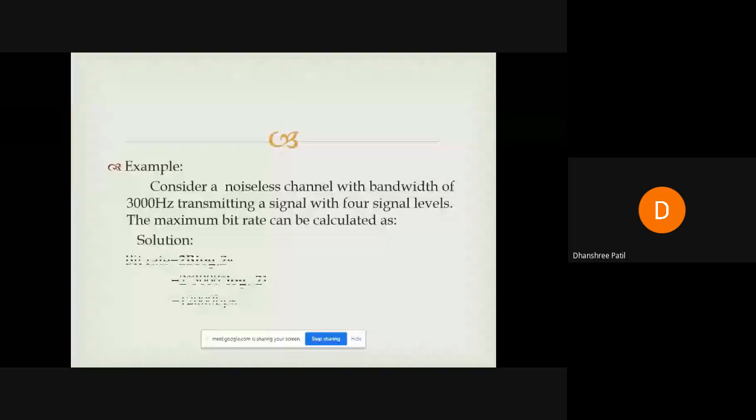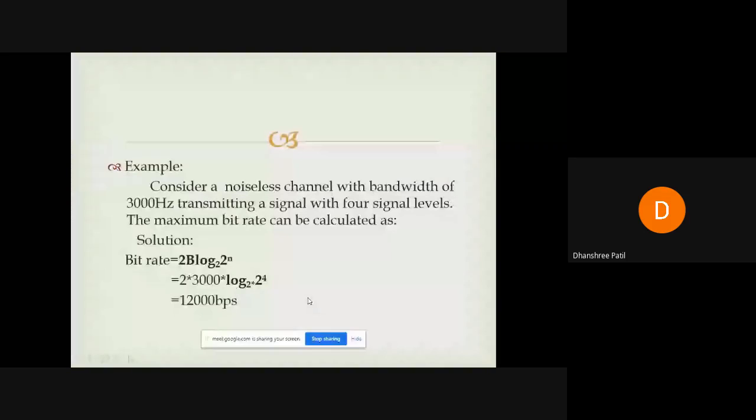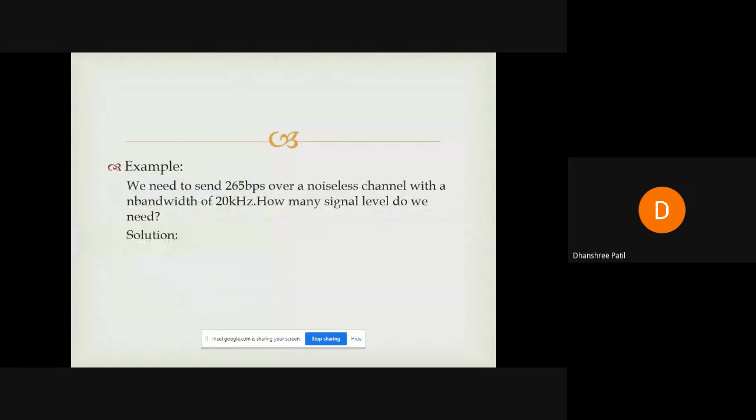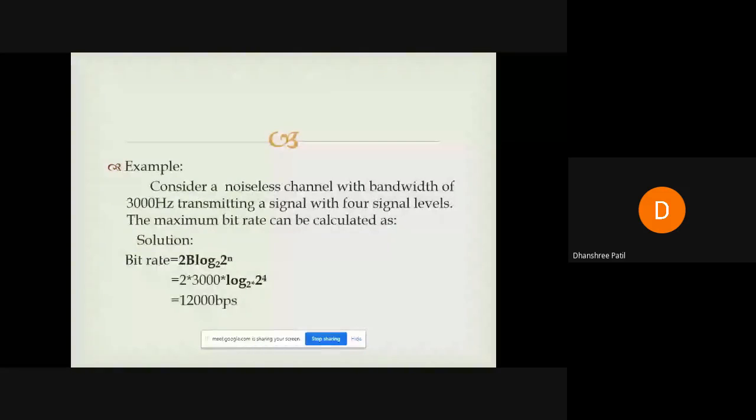So I'll show you the solution. As you don't know how to calculate log to the base 2, first clear that, then you will get the answer. So 12,000 bits per second is the answer for this particular question. There are some more examples, but we will see them in the next lecture. I hope you will learn how to calculate this. This is your today's exercise.